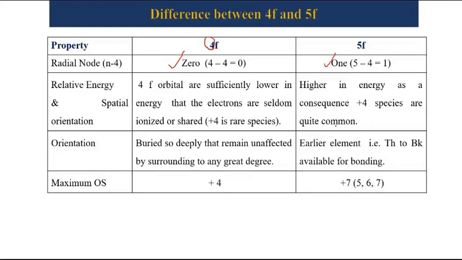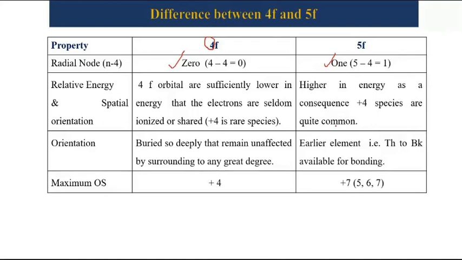Just now we talked about the usual oxidation state for lanthanides being +3, but there are some elements which show the +4 oxidation state, among them cerium, terbium, praseodymium. These elements show the +4 oxidation state.